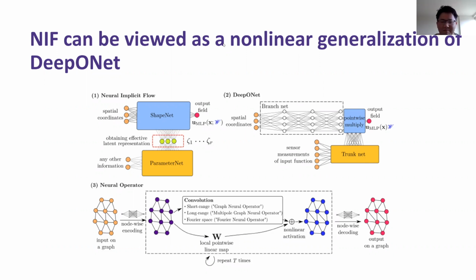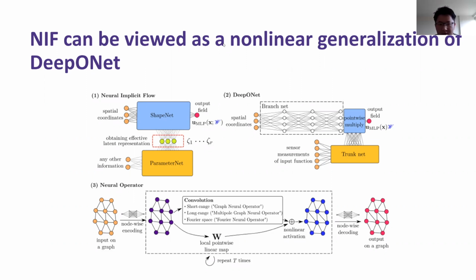Hi. I'm really confused at this point. You said the ShapeNet is static, you're not learning anything. Yes, I'm learning it. And how does this scale if you change the boundary conditions or the initial conditions? You only have the ParameterNet that is changing, which is a function of time and some physical parameters, I assume.